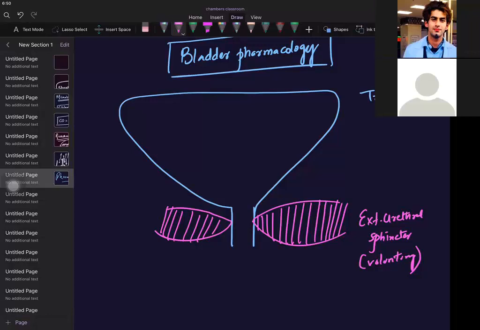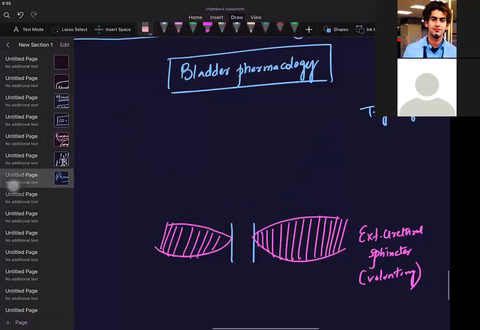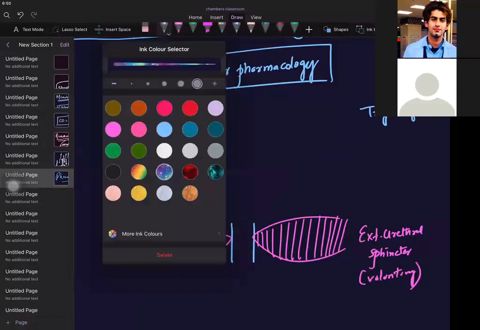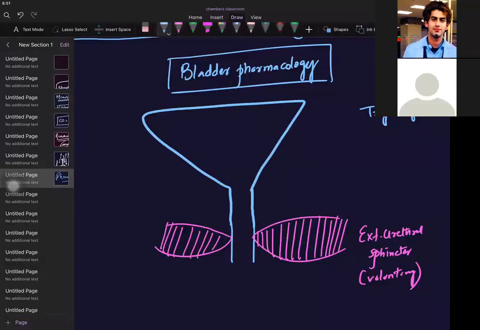Then there should be another sphincter, which I should have drawn a bit larger. Let me change the color.